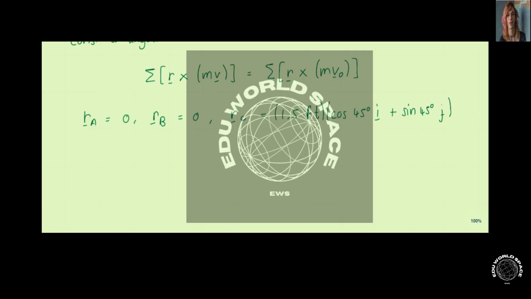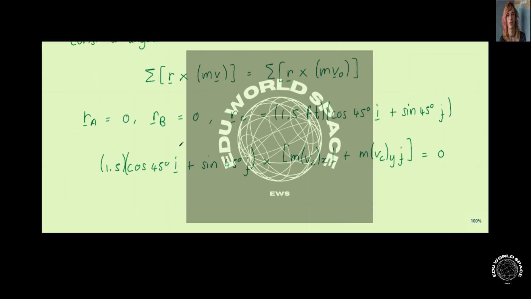And so what this tells us is that our angular momentum equation gives us 1.5 times cos 45 degrees in the i direction plus sine 45 degrees in the j direction, cross with m vc, the final x component of the momentum of c, plus the mass times the final velocity of c, its y component in the j direction, is equal to 0.